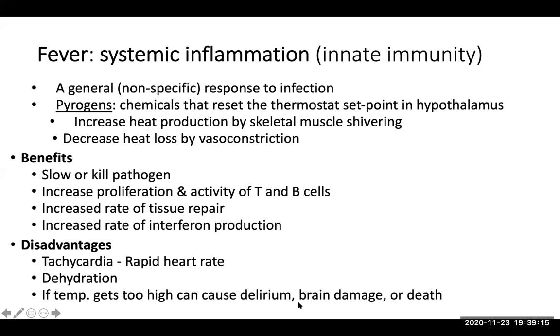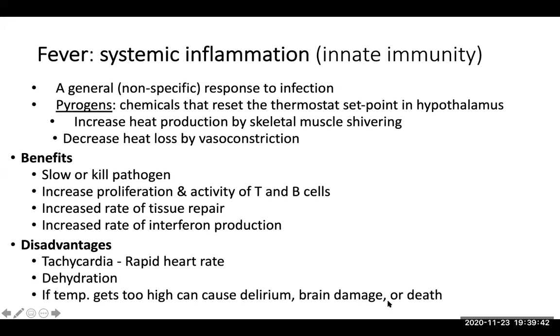If it gets any higher than that, it can actually cause permanent brain damage. And of course, ultimately, if you get so hot that you start to denature your own proteins, then you can die. In the notes, I included the specific temperatures for infants, children, and adults.